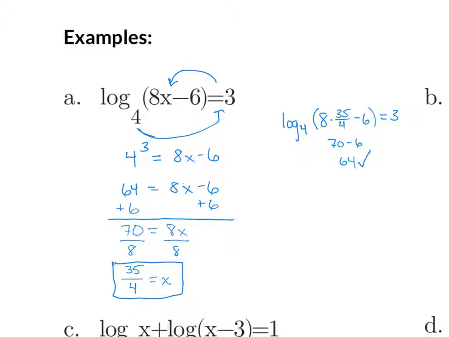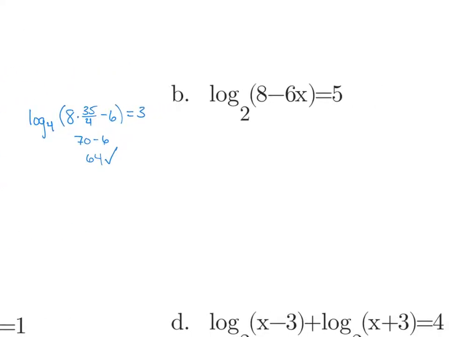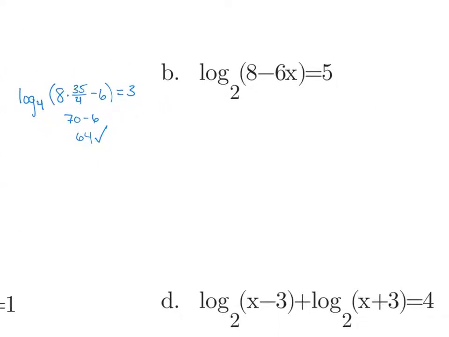Let's look at example B. Example B, we have log base 2 of 8 minus 6x equals 5. So if we go ahead and solve, we get 2 to the 5th equals 8 minus 6x. 2 to the 5th is 32.